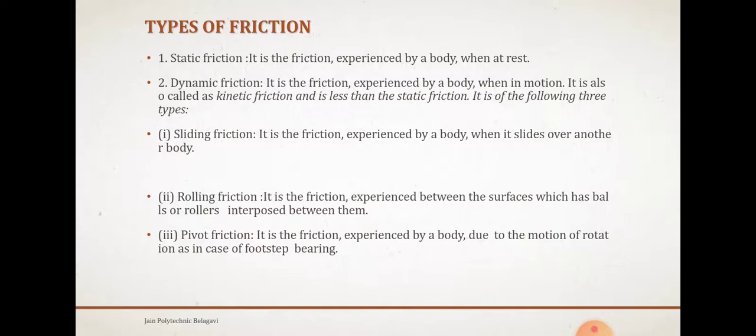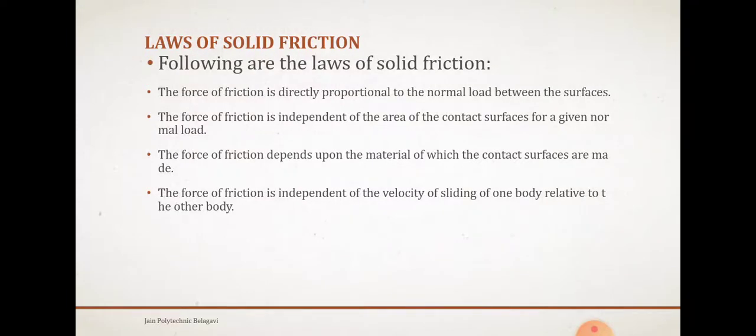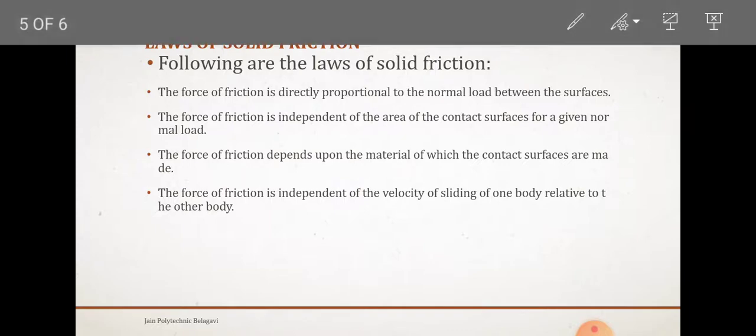Next, we'll try to understand the different laws of friction. There are different points you have to remember. The first point is that the force of friction is directly proportional to the normal load between the surfaces.